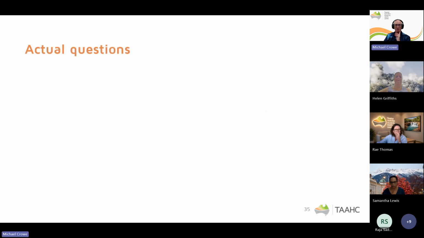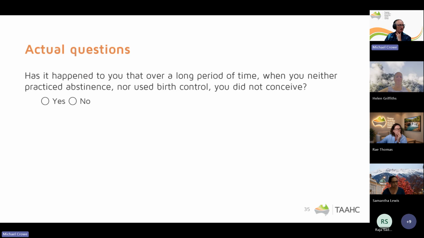Okay, here's some more examples of actual questions that have appeared on questionnaires. Number one is a doozy. Yeah, and 10 minutes later, you're still reading the question going, what?